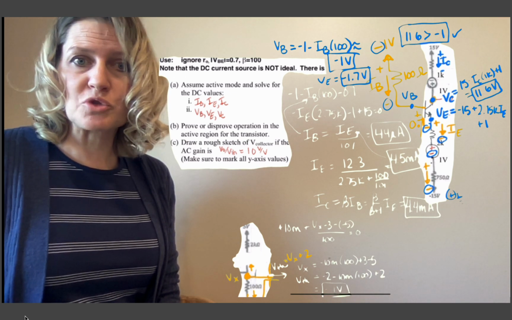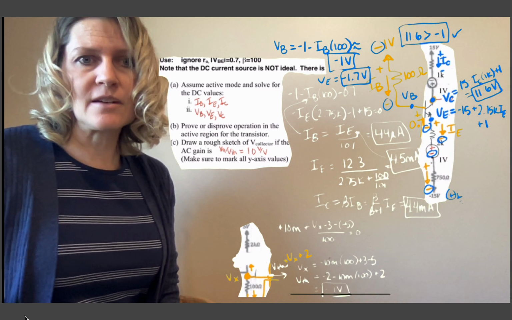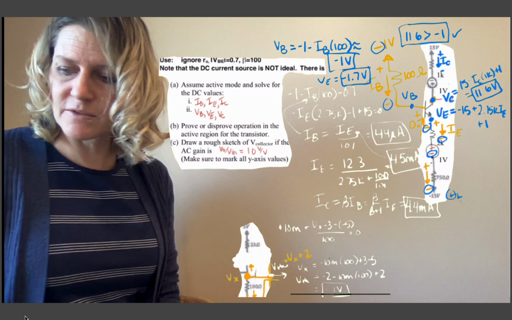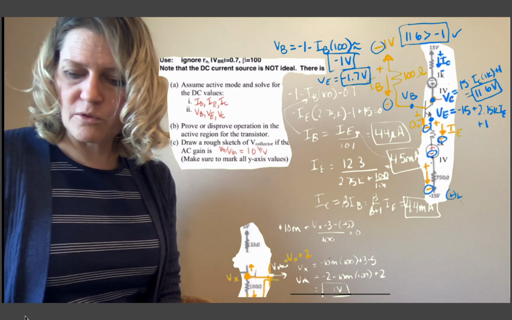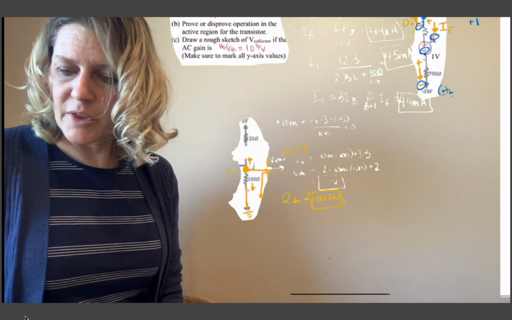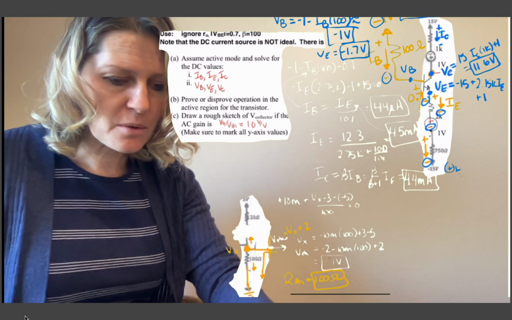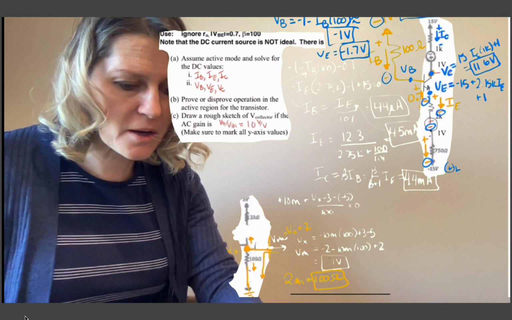And then we want to draw a rough sketch of the collector if the gain is 10 volts per volt between V out, which was VC, over the input Vin. So what that means is, I have to go back, I erased the input.